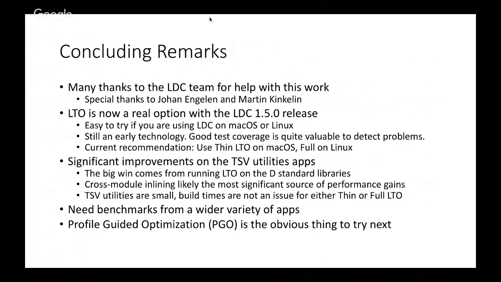Similarly, I tried profile guided optimization earlier this year without LTO, and I saw nothing. So this combination of doing stuff across the app and Phobos and deep runtime seems to be a really promising thing.